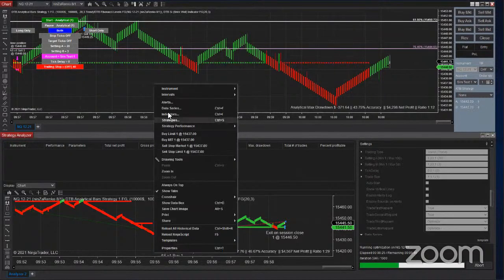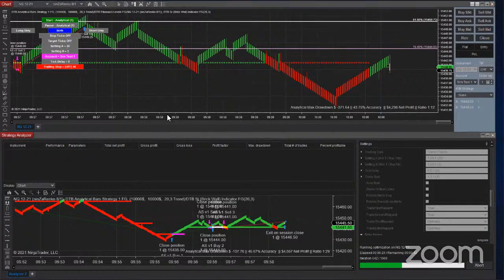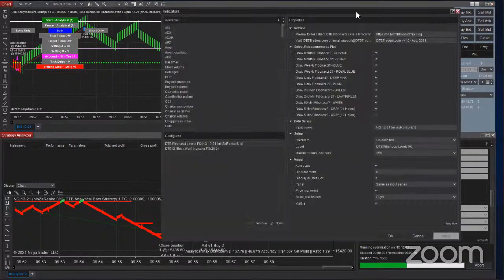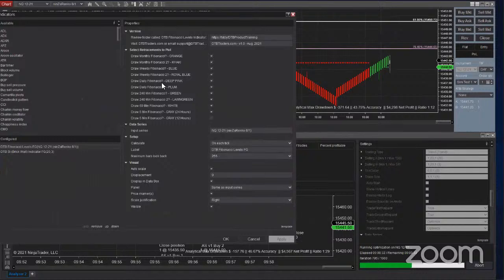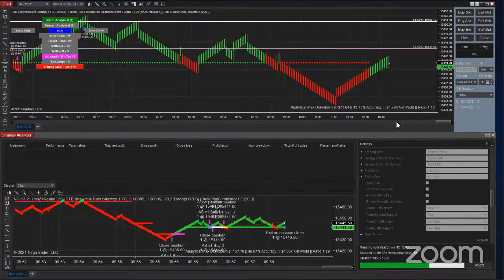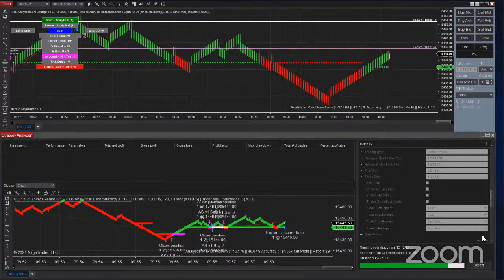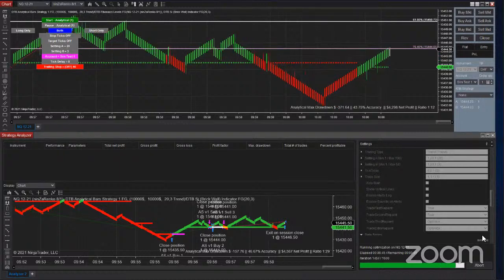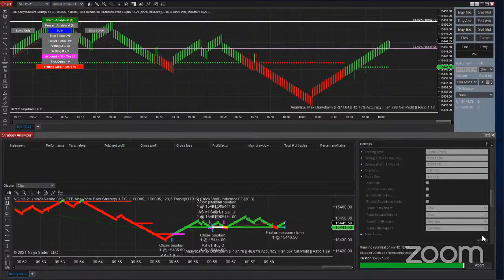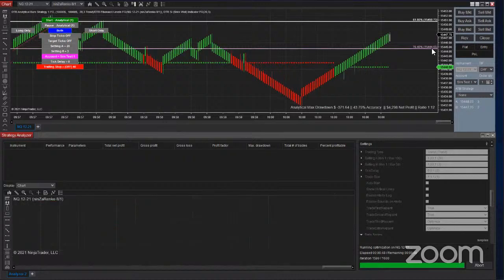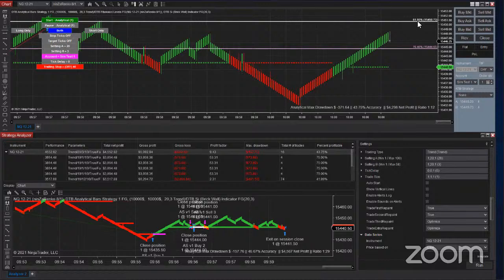So if we look at the Fibonacci levels indicator, that is going to tell us that that pink is the daily Fibonacci levels, and the white one is the hourly Fibonacci levels.